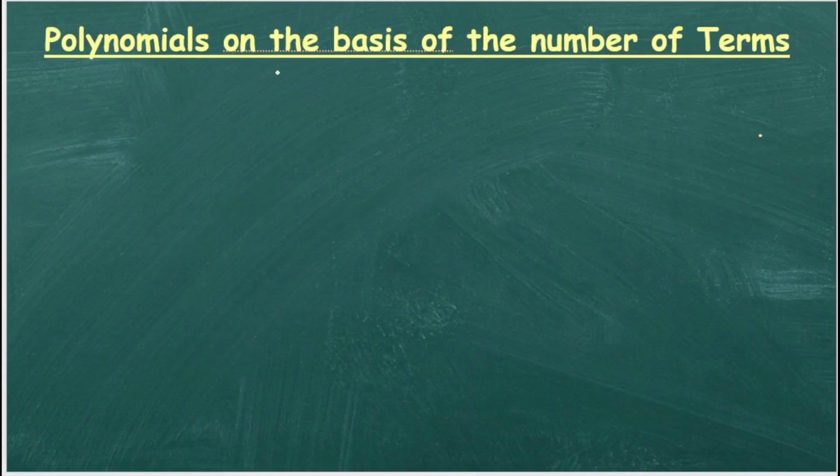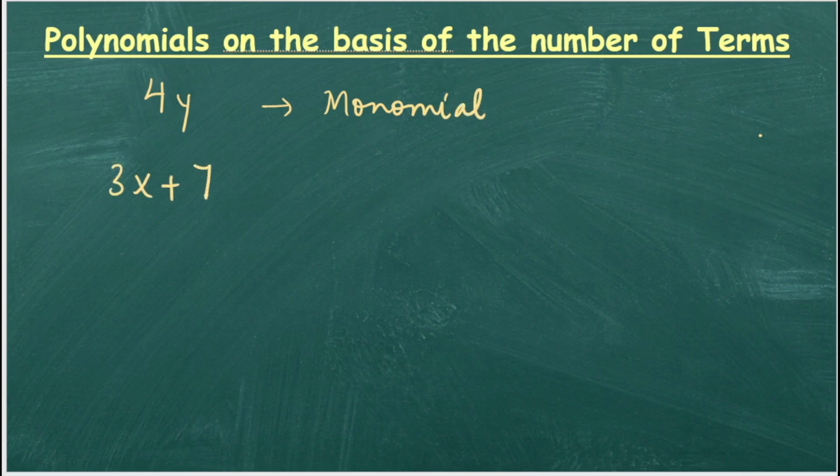We can classify the polynomials on the basis of the number of terms, okay? For example, if you just have the polynomial 4y, all right, this has a single term, so this is called a monomial. All right. If I write down 3x plus 7z, this is called a binomial. Why? Because you can see that we have two terms, 3x and 7z.